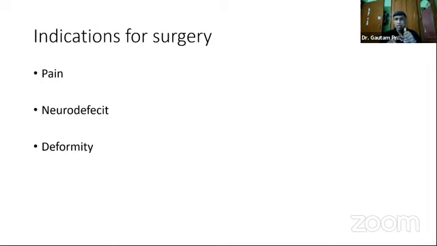Pain. So an unbearable pain, rest pain, which is not subsiding with an adequate trial of medication, or pain which is increasing while the patient is on treatment, that's the indication for surgery. Neurological weakness.